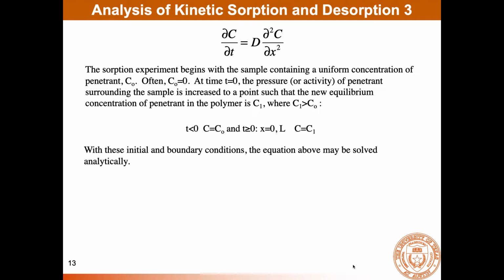And at time equals zero, the concentration, pressure, activity, any way you want to express it, of the penetrant surrounding the sample is increased in a stepwise fashion, or as close as you can do that experimentally, to a point where the new equilibrium concentration in the polymer is C1. And so for all times less than 0, C is equal to C0, and at t greater than or equal to 0 at the boundaries of the film, that is at x equals 0 and L, C is equal to C1.